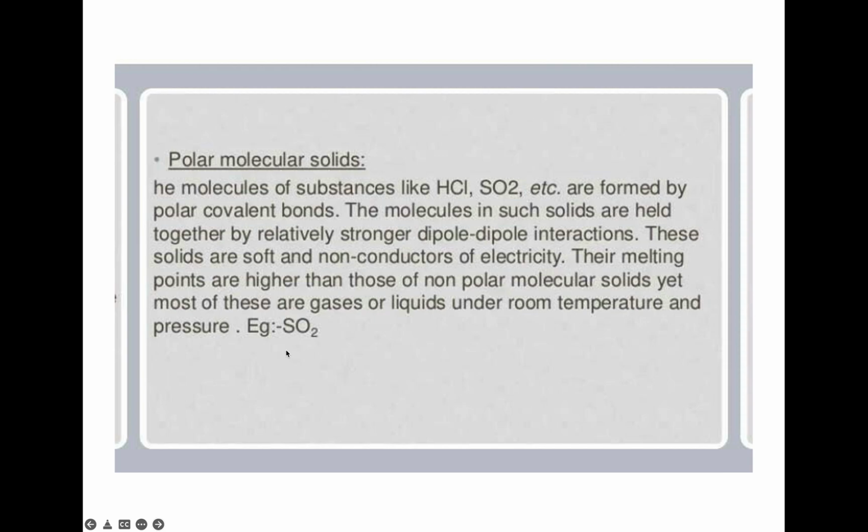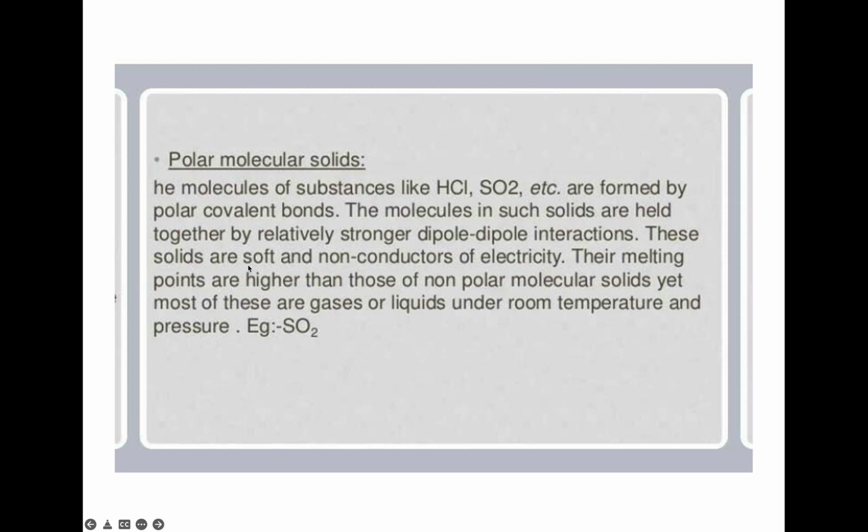Okay, now we have something known as polar molecular solids, which are substances like HCl and SO2, that is, the molecules of HCl and SO2 are formed by polar covalent bonds. What is the speciality of these? The molecules in such solids are held together by strong dipole-dipole interactions.